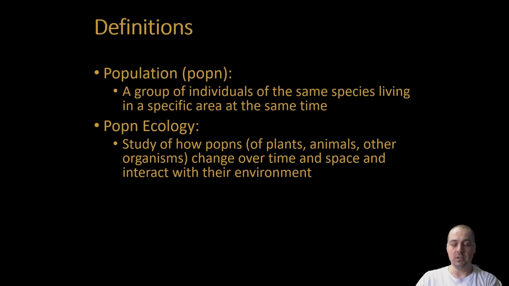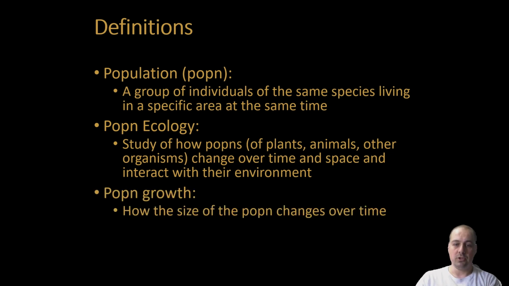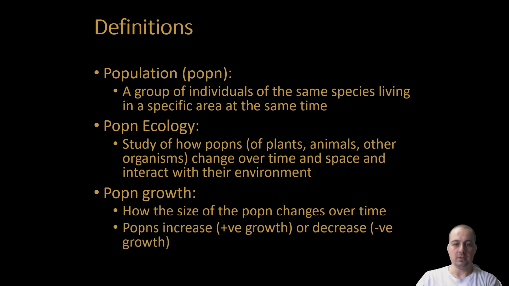Population ecology is the study of how populations, which can be of plants, animals, or other organisms, change over time and space, and how they interact with their environment. Population growth is how the size of the population changes over time. One thing I will point out is that populations can either increase, which is known as positive growth, or they can decrease, and this is known as negative growth.